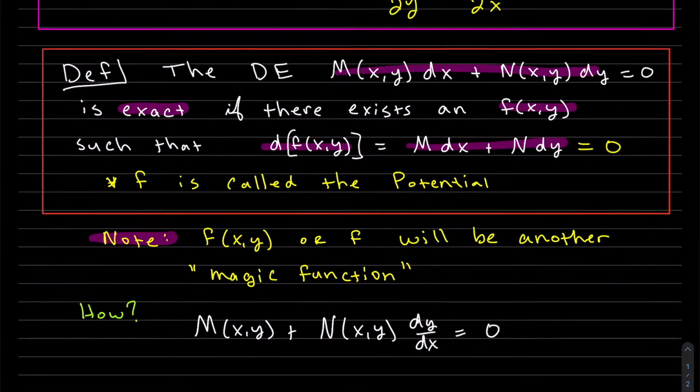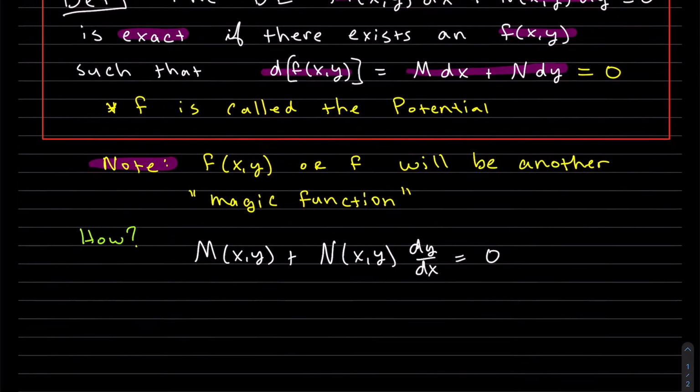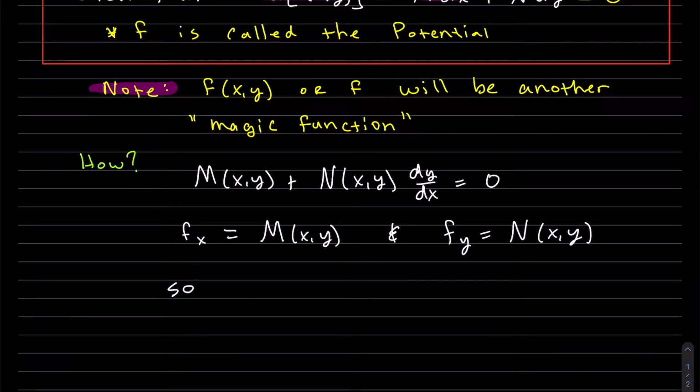If we take our equation, which is equal to 0, or dF, we're going to let f_x, remember that's the partial of f in terms of x, equal to our M of x,y, and we're going to let f_y equal N of x,y, which again is our partial of f in terms of y. Just rewriting this, f_x plus f_y dy/dx is equal to 0. That's just replacing with our substitution.